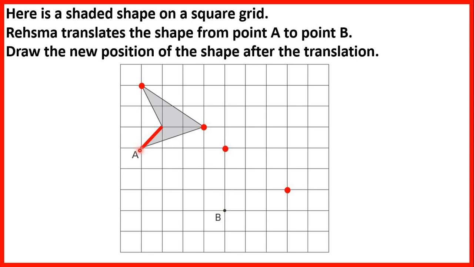And then for this point, we go up and right, and so from B we can go up and right and place our point. So now all we need to do is join up our points and we have our translated shape. It's the same size, but it's been moved from point A to point B.